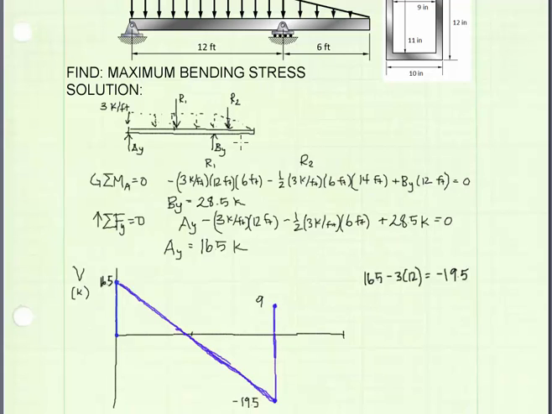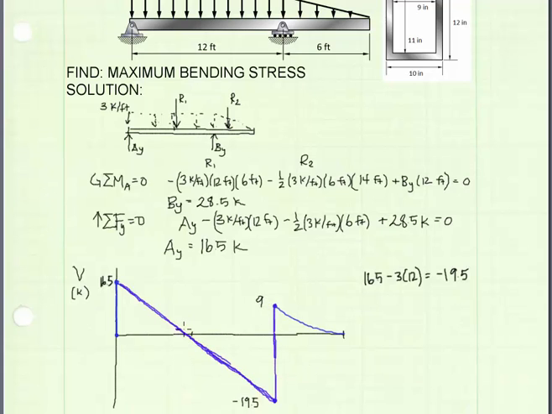It is a triangular shape, with a height of 3 kips per feet. So 3 kips per feet times 6 feet, that's 18 kip feet, divided by 2 is 9. So that will take us from positive 9 back down to 0, and it's going to be parabolic in shape. Okay, it's going to look something like that.